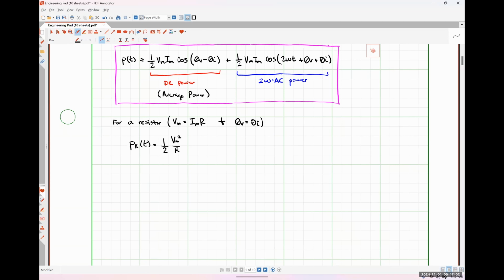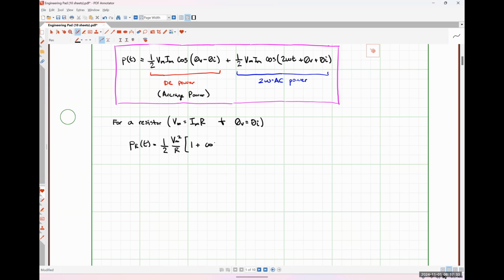Now, I have this cosine of theta_V minus theta_I bit. But I know that for a resistor, theta_V and theta_I are literally the same thing. So what's the cosine of 0? 1. So I don't actually need that cosine bit at all. So I'm just going to put 1 plus, and now I am out to the second part where I have that 1/2 V_M I_M, which is still just 1/2 V_M squared over R in terms of only voltage quantities.